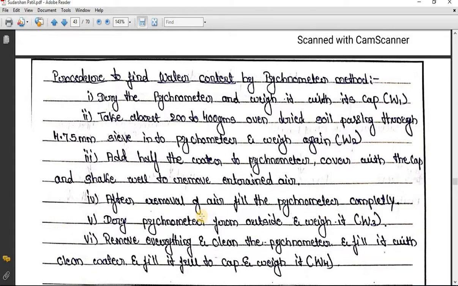You can see I have weighed the empty pycnometer, and filled 200 to 400 grams of soil. In that I am filling the water up to the top, completely full, and then I weigh it and it is W3.